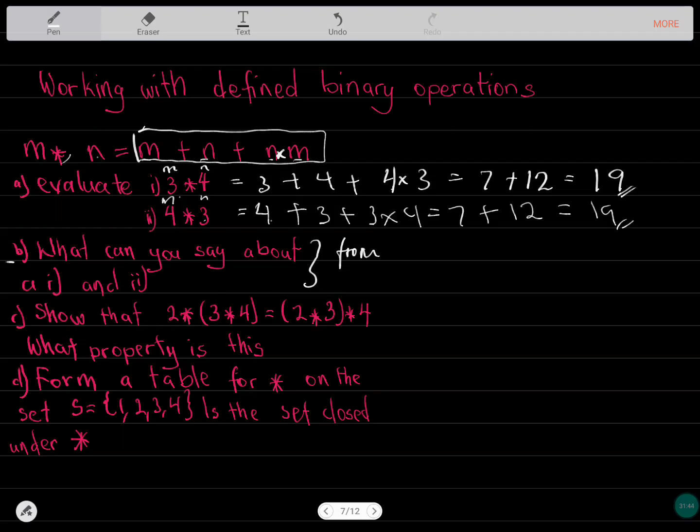So let's just state that the answers in I and II are equal. Therefore, star is commutative.